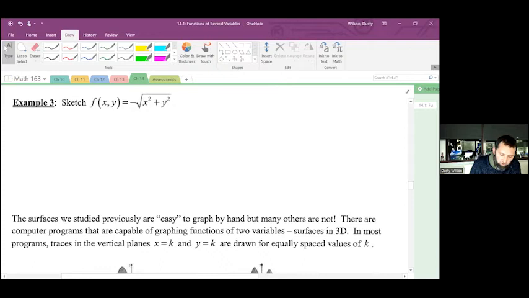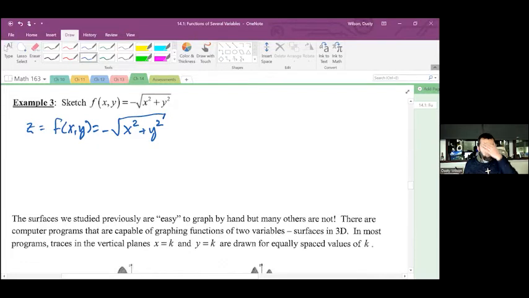This is kind of interesting. So this is like sketching z equal to f of x, y equal to negative square root of x squared plus y squared. That's a little bit hard on my brain. So since it's hard on my brain, I sort of visualize it in a couple ways. I ask, what would happen if x was equal to 0? See if that helps me see what happens.